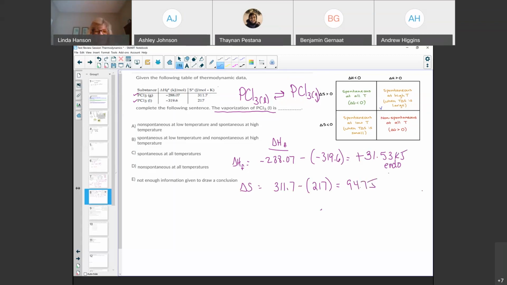What's interesting to answer this question is I really don't care about the number so much. I want to care about the sign for delta H and the sign on delta S. We know that the entropy is increasing, that when liquid turns to gas, that's an increase in entropy. So that's what this little chart is giving us.